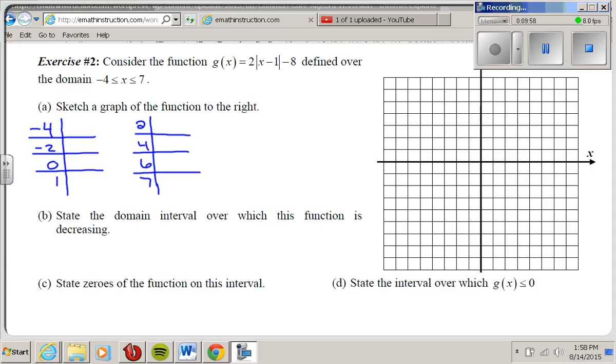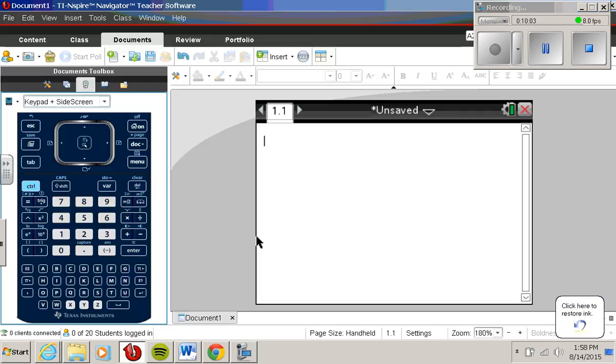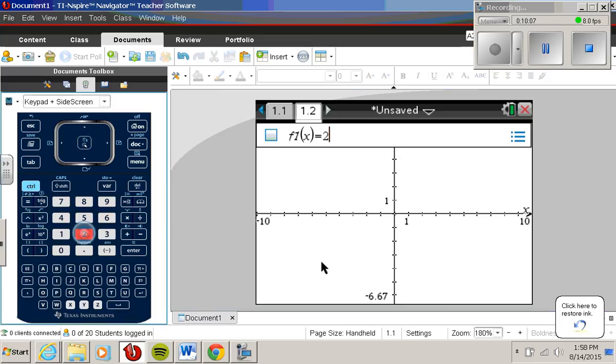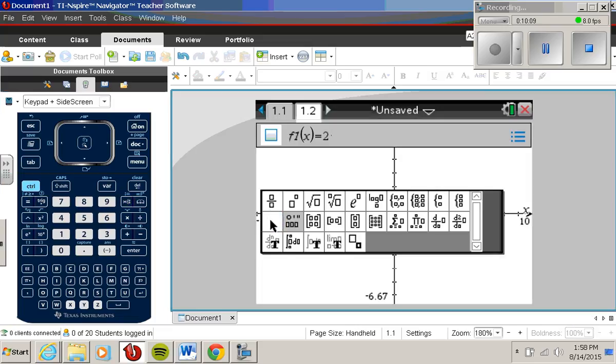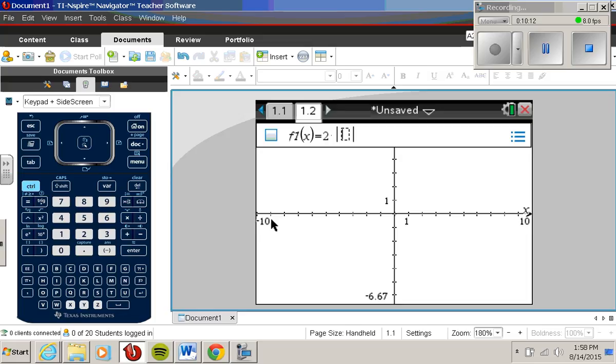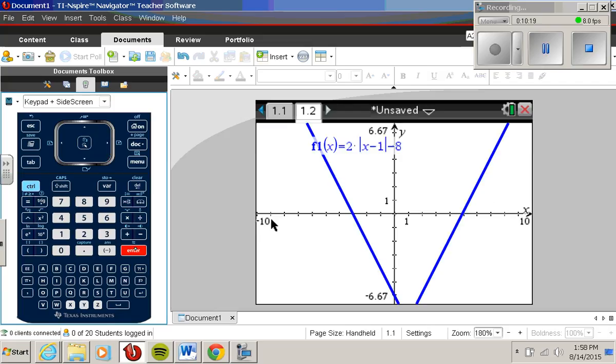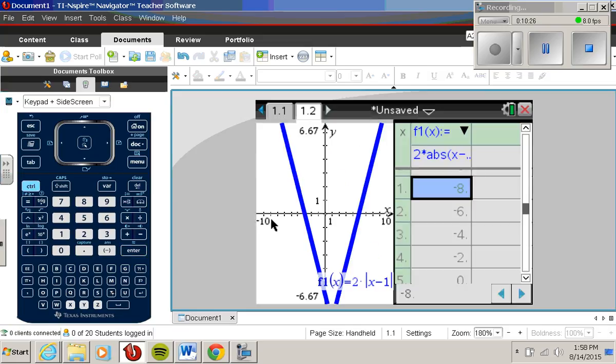So if I wanted to graph this, so that I could get a table of values, I've got 2 times the absolute value of x minus 1 minus 8. And again, this is not what I am graphing because I am on a very restricted domain. I just want the table here. Okay, this is how you would get it. Control T brings up that table so that you can pull these points out so that we can plot this.